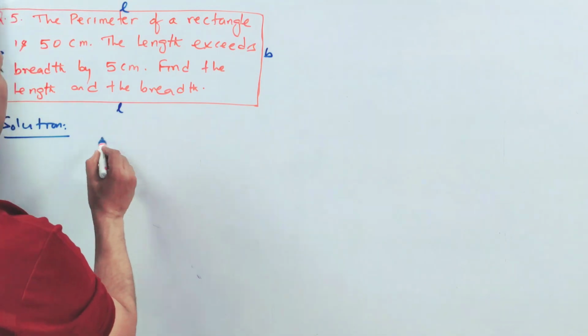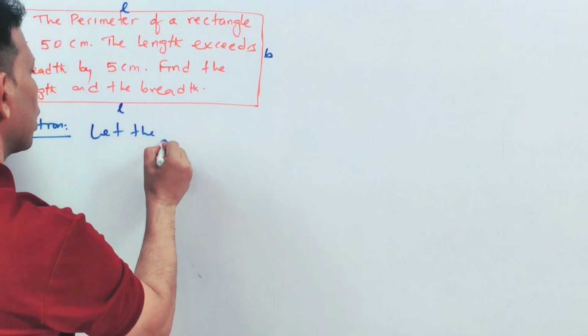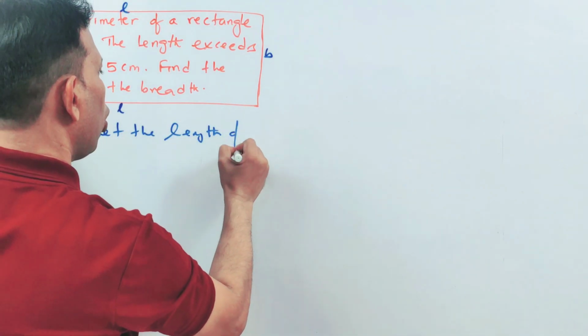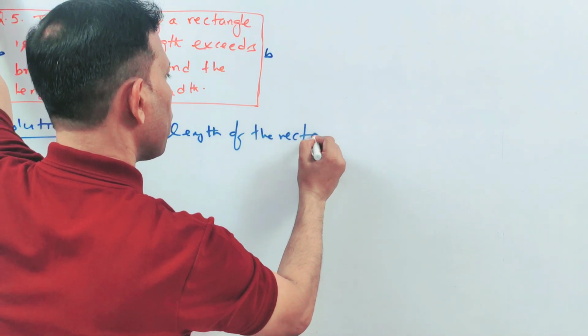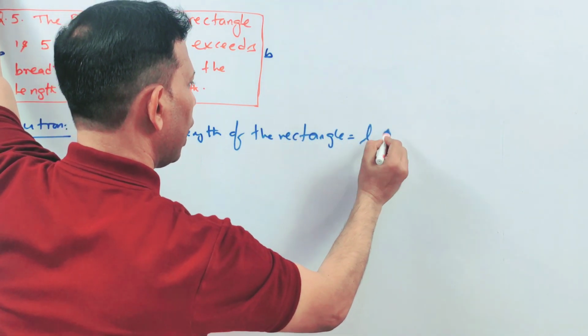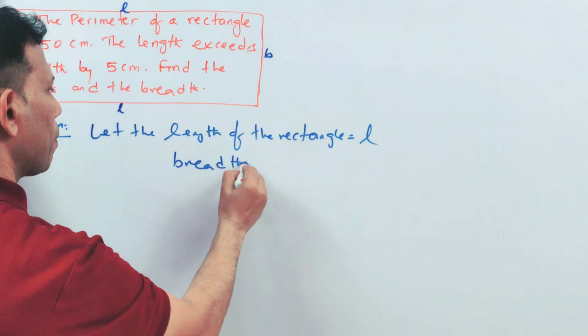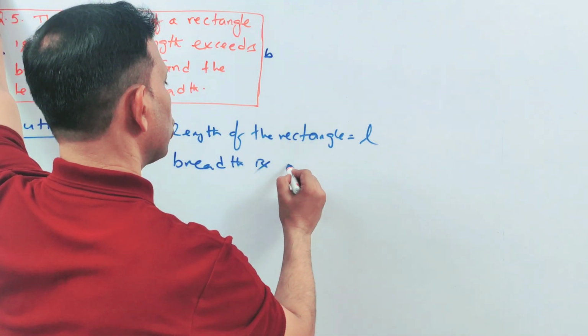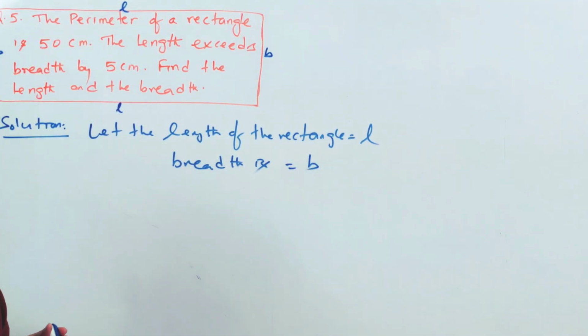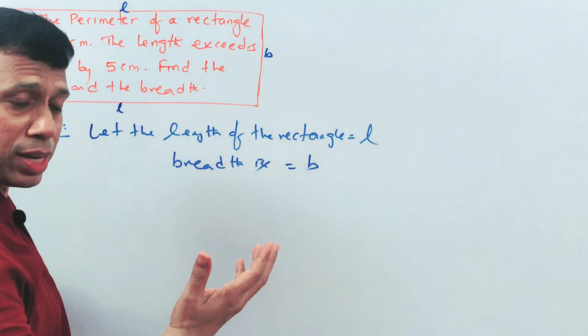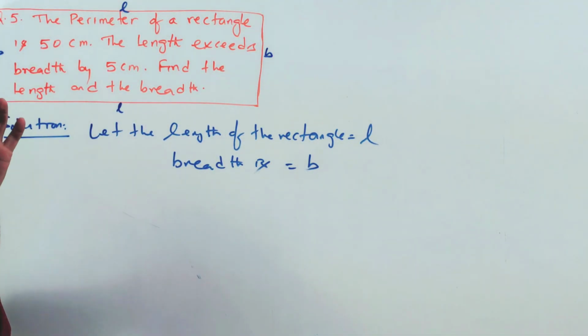So I will take, let the length of the rectangle be L and breadth be how much? B, small b. Now after that, the comparison is given.